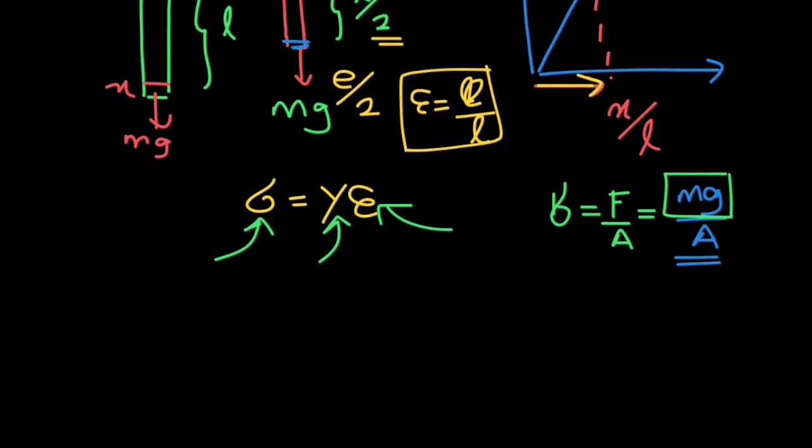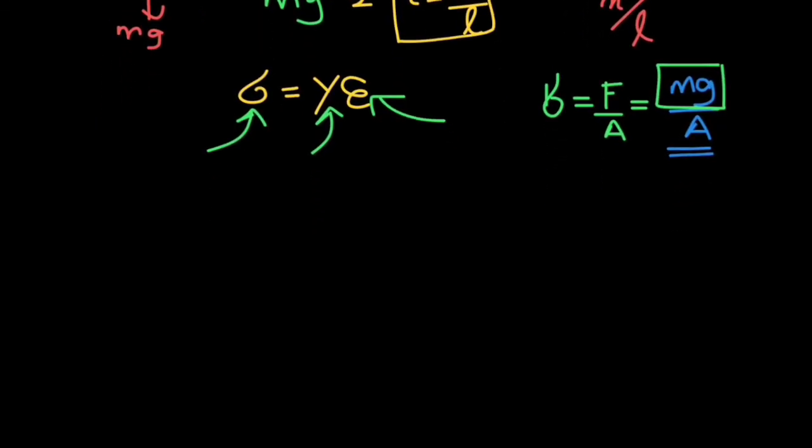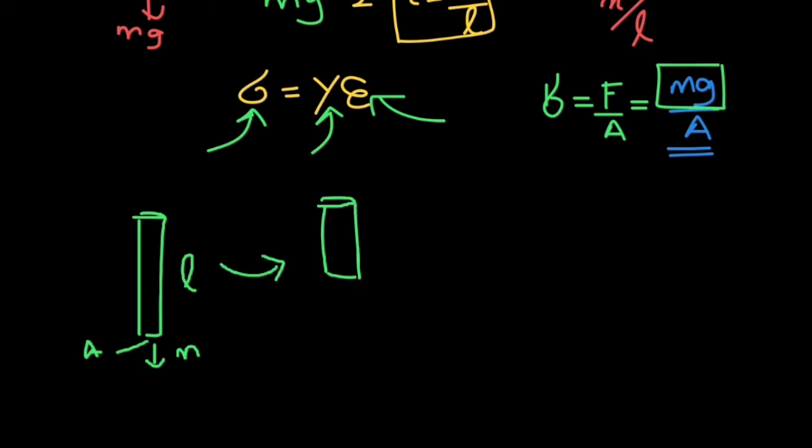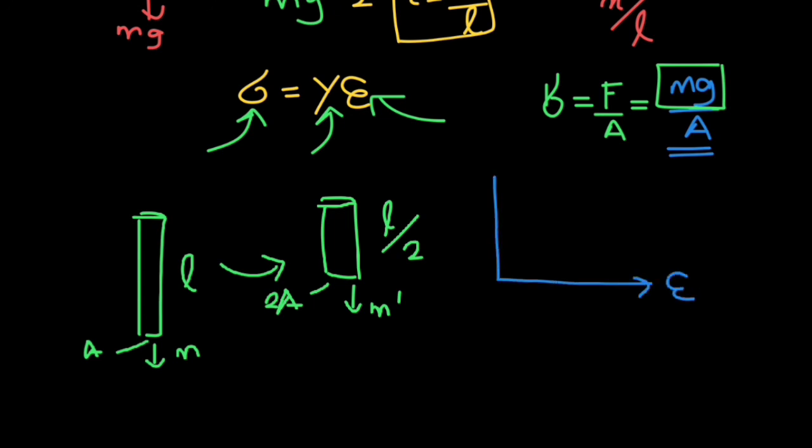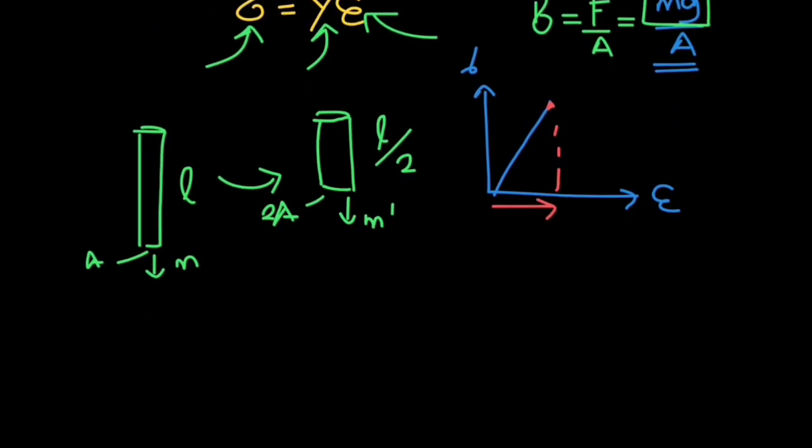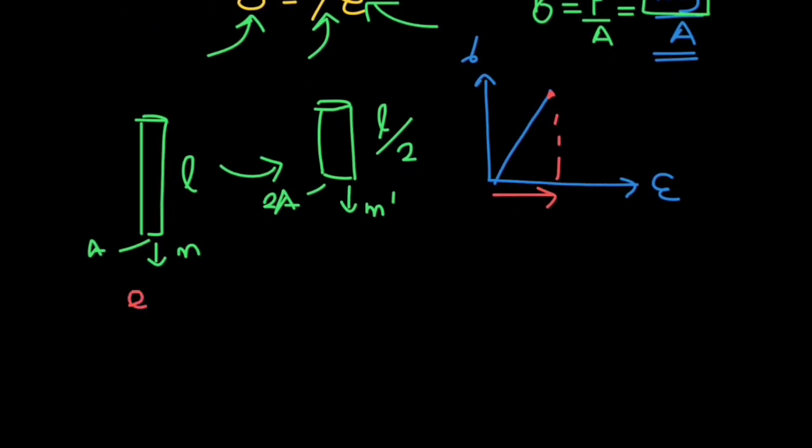Now, what if the question was something like this? When a mass m is hung, it reaches the proportional limit, the length of the wire is L and the area is A. When this wire is replaced with a wire made of the same material but length L by 2 and area 2A, what is the mass that should be hung to attain the proportional limit? Let's approach with this similar idea. So the maximum strain is E over L. To attain this strain, what is the required stress?